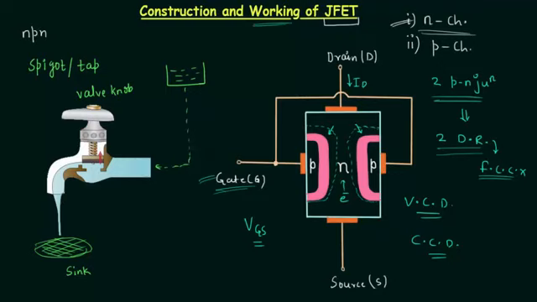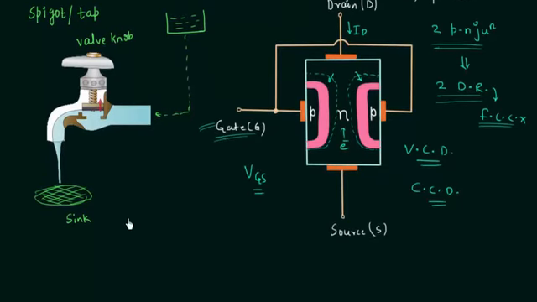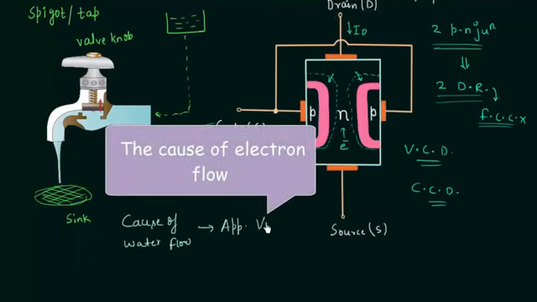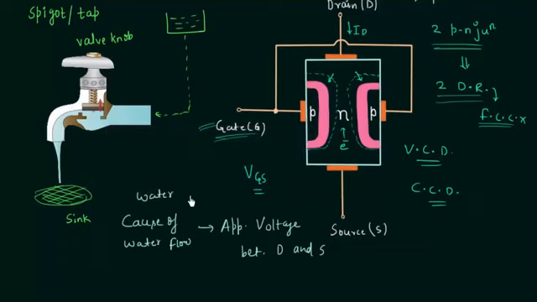So we can say that the cause of water flow in case of the spigot is the same as the applied voltage between the drain and source, because when you apply voltage between drain and source, the electrons in the N channel will drift, and water is the same as electrons in the N channel.